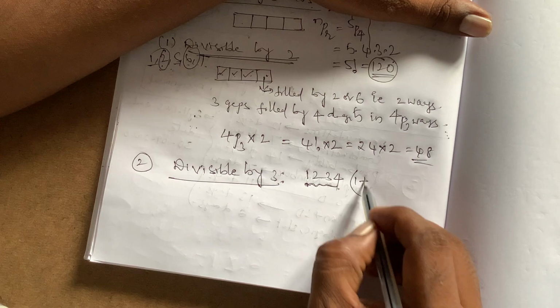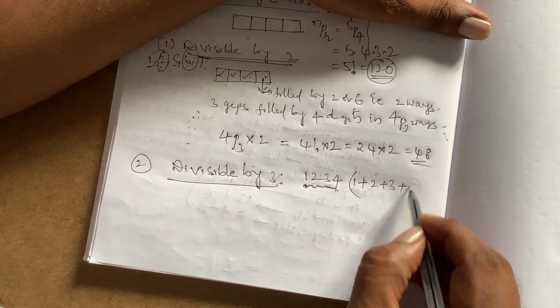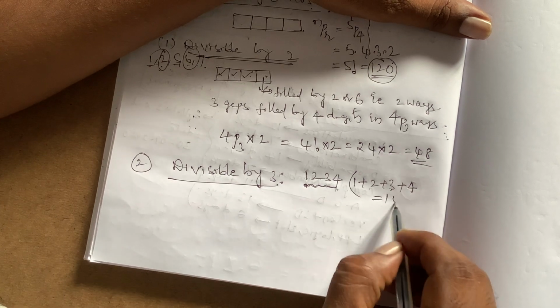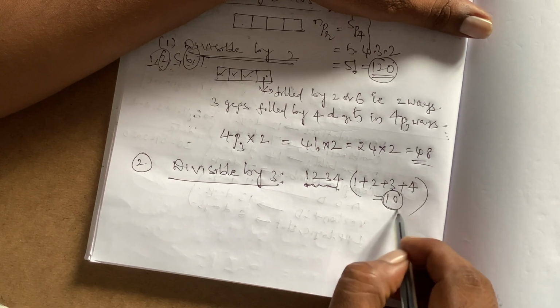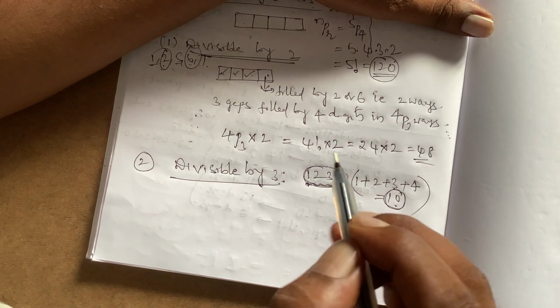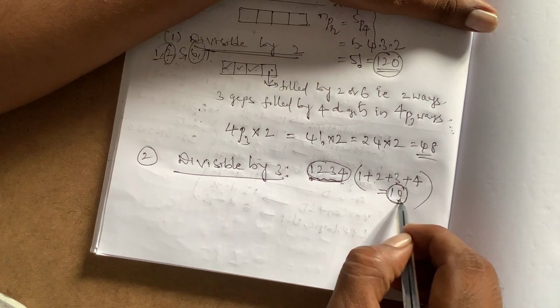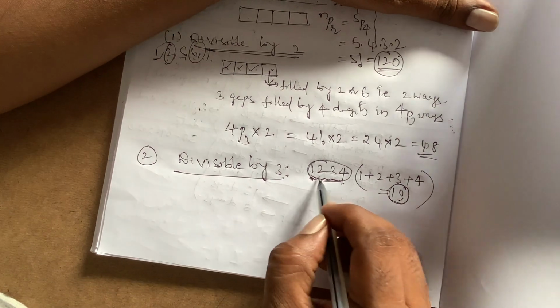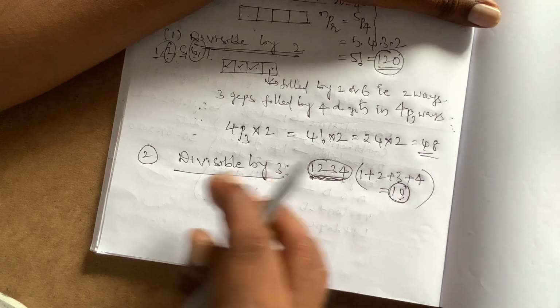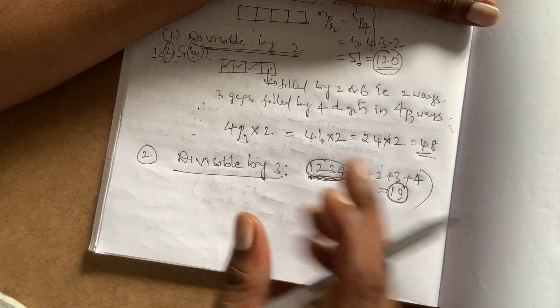Simple logic: you have to add the digits. 1 plus 2 plus 3 plus 4: what is the sum? 7, 8, 9, 10. If the sum is divisible by 3, then the whole number is divisible by 3. If the sum is not divisible by 3, then the number is not divisible by 3. That is the condition.